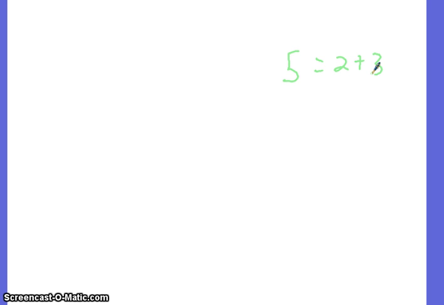Today, at least the first part of today, what happens when you do that by a negative number? So what happens if I multiply this by negative 5? Will I still get the same result?